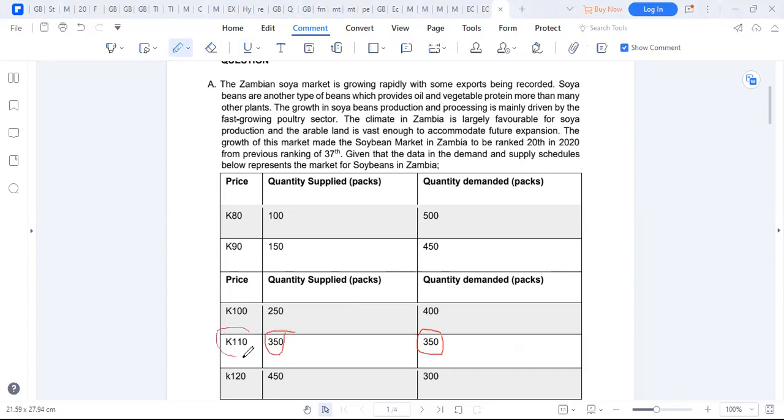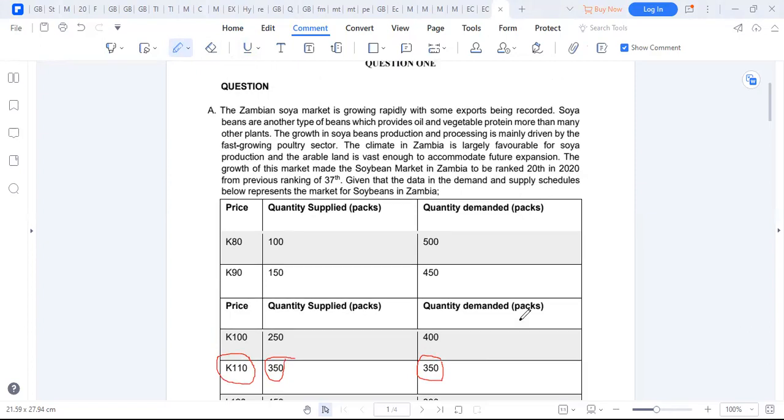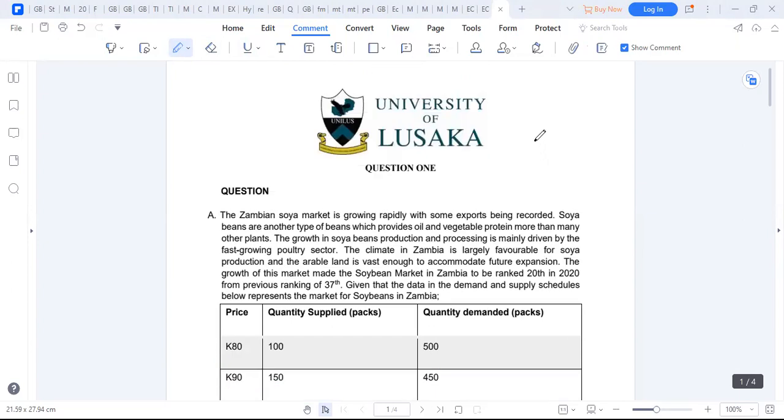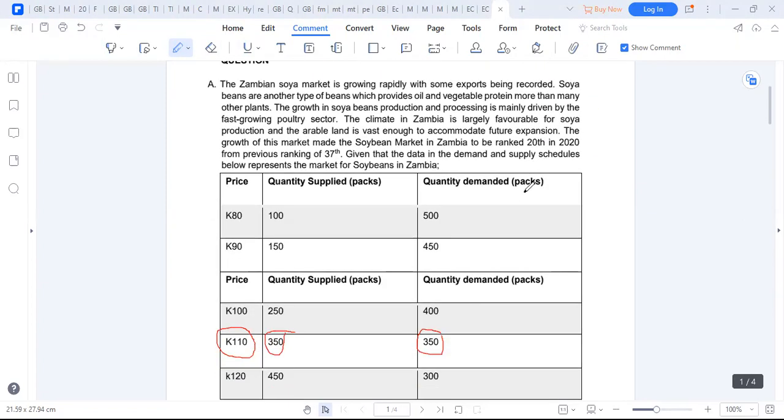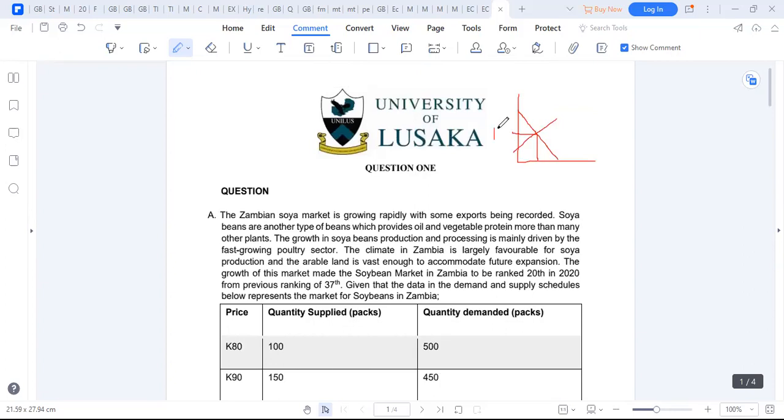The equilibrium price is 110. You can tell where the figures are the same. Equilibrium occurs where demand and supply meet. So the price there is 110 and the quantity is 350.